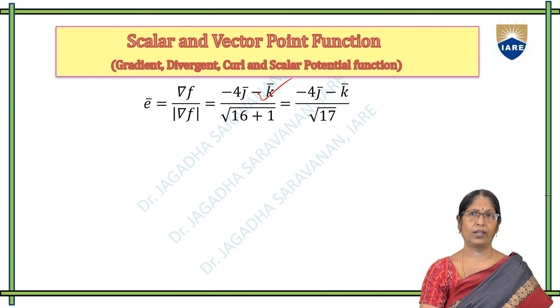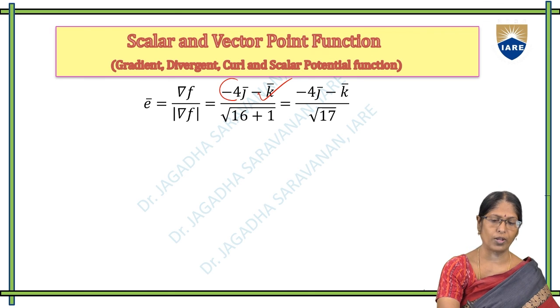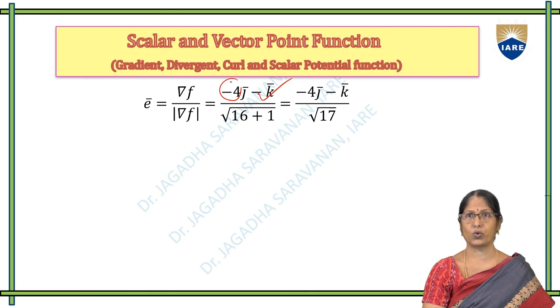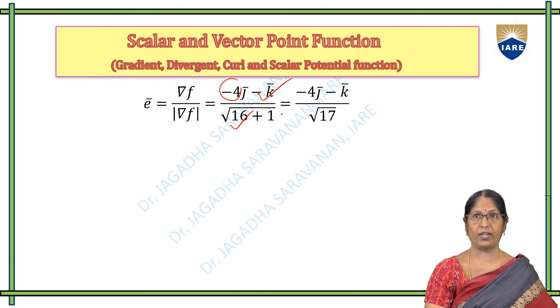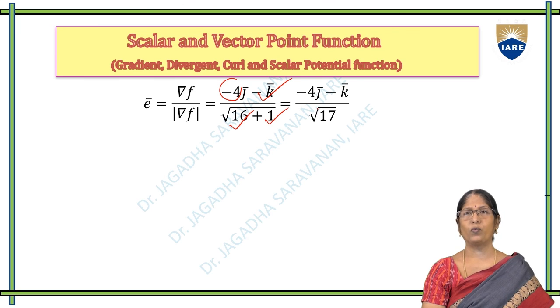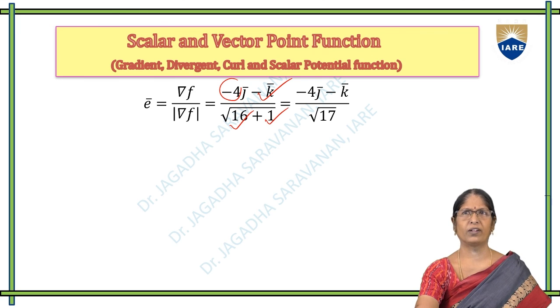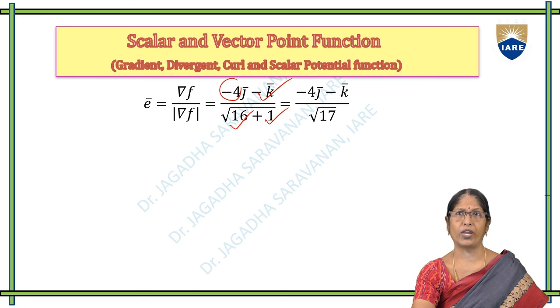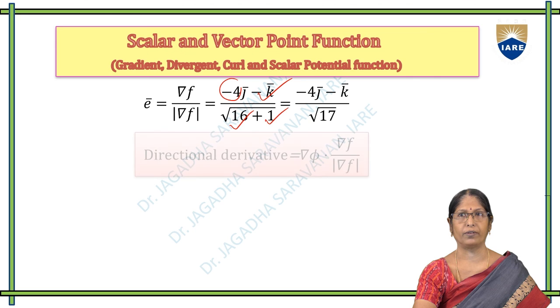The modulus is the square root of minus 4 squared, which is 16, plus minus 1 squared, which is 1. So we obtained the result minus 4j minus k divided by root 17.